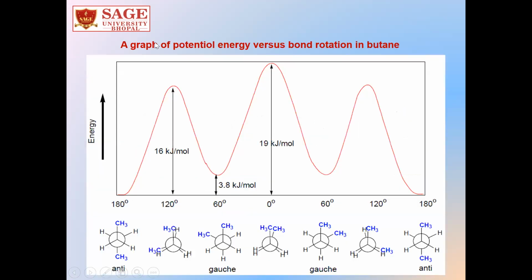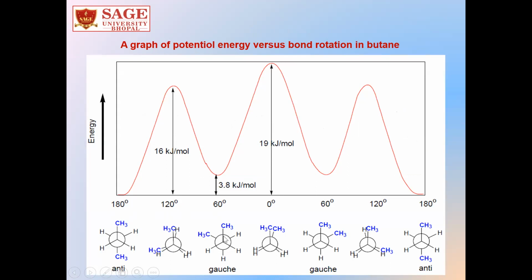Now if we come to the graph of potential energy versus bond rotation in butane, we can see when they are anti, we can consider 0 torsional strain. When they are eclipsed, we have already counted 6 plus 6 plus 4, that is 16 kilojoule per mole.